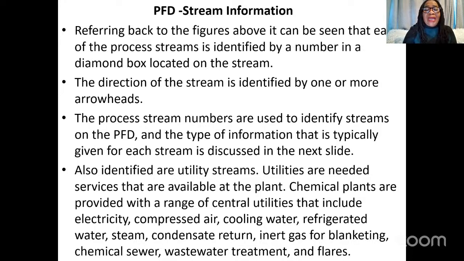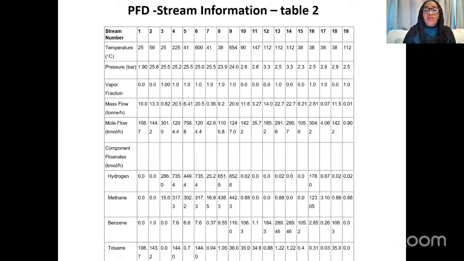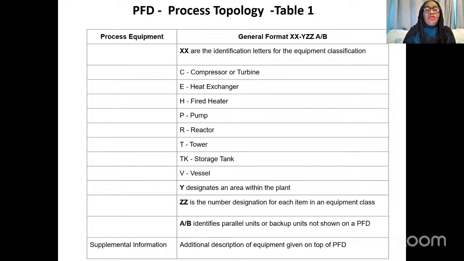But let's go back and see a process stream. It is identified by the diamond icon, and then you have the arrowheads showing the direction of the flow, and a particular number in that diamond icon to identify that particular process stream. I want to go back there for you to see.